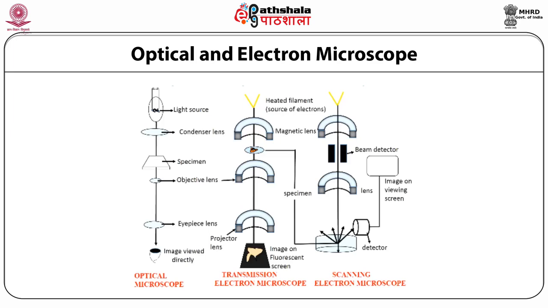Generally, objects with dimensions less than half the wavelength of the microscope's illumination source cannot be visible under the microscope. Optical microscopes use visible light, which has a minimum wavelength of 400 nanometers and cannot image objects smaller than 200 nanometers.